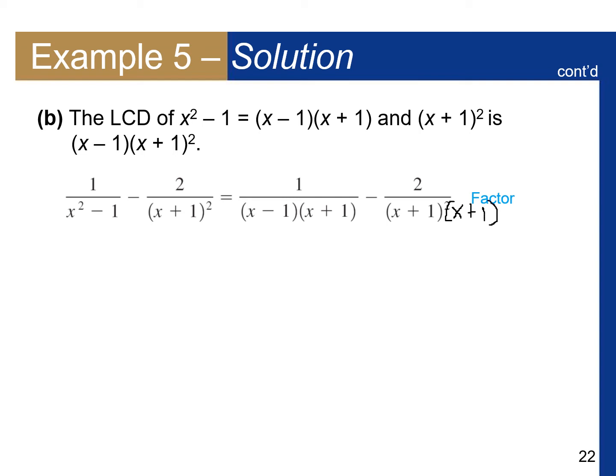Now, I have to have the same thing on both. So, I only have an x plus 1, x minus 1, x plus 1 here, but I have 2 here. So that means I'm going to add another x plus 1 to this one and an x minus 1 to this one.